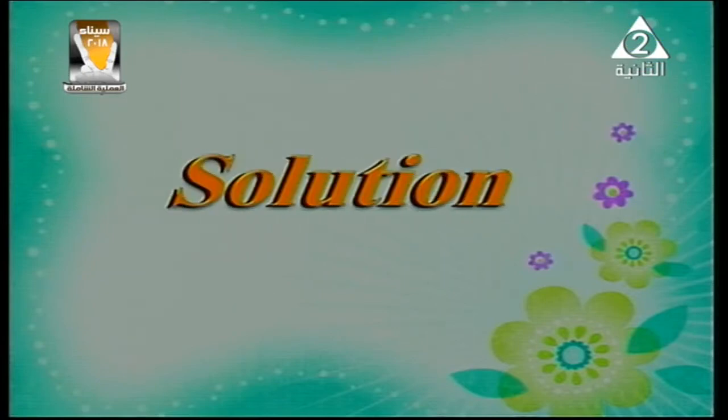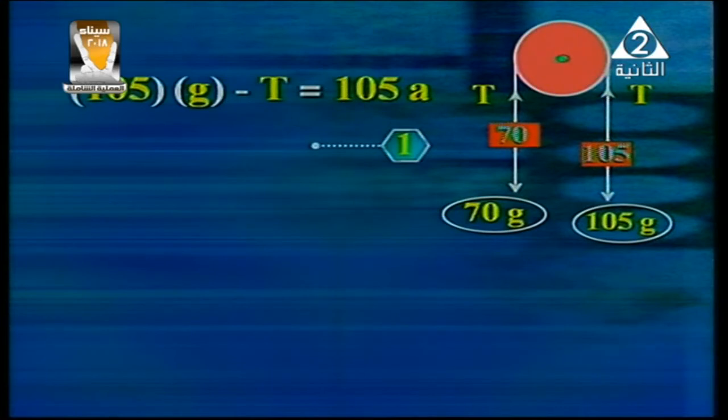Solution. Look at the first equation: 105g minus T equals 105a. This is the first equation of the first body. We know that the equation of motion is ma equals mg minus T. In the first body, its weight is 105, then 105g minus T equals 105a.